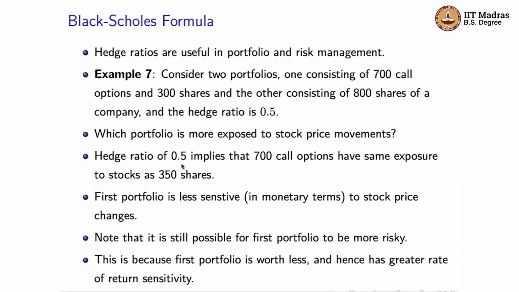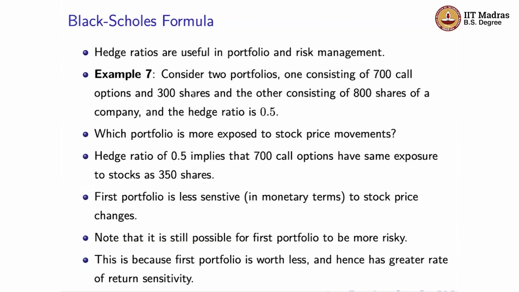So a hedge ratio of 0.5 basically means that we can think of this 700 call options exposure to the stock price movement as the same as 700 times 0.5 shares exposure. So that means you can think of these 700 call options as having similar exposure as 350 shares would have had. And so that's one way of converting it.